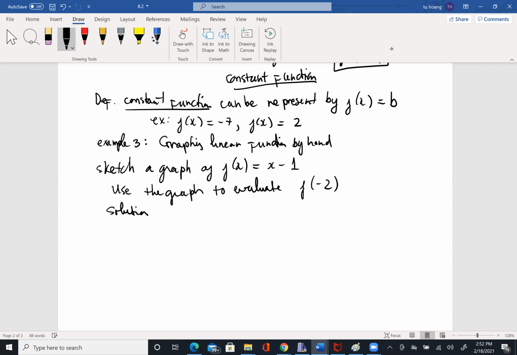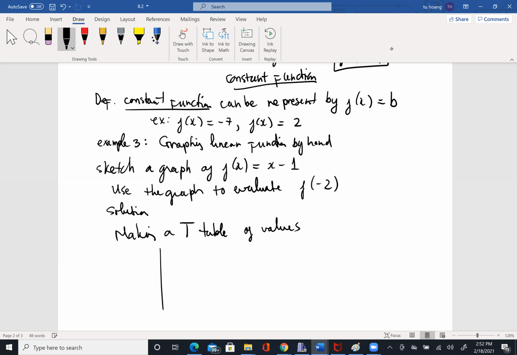Solution. Set up or make a t-table of values.